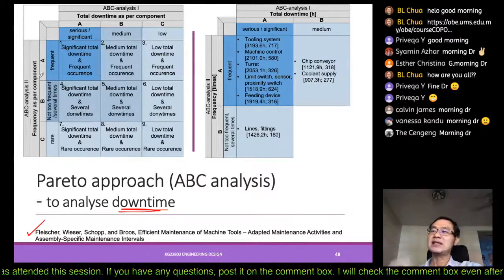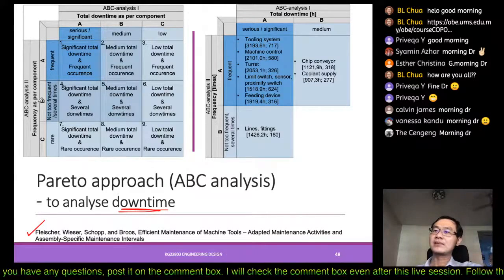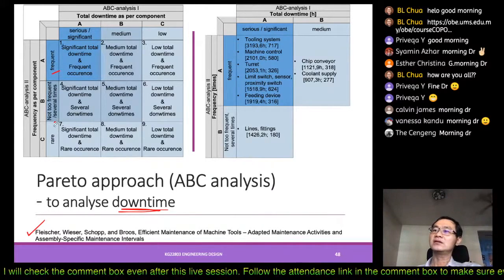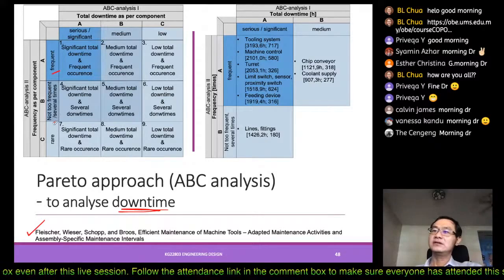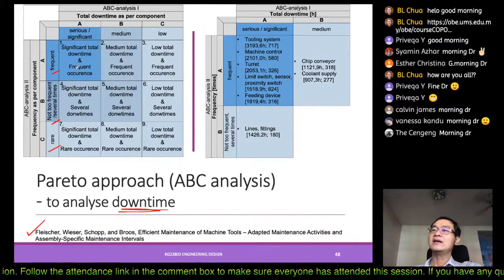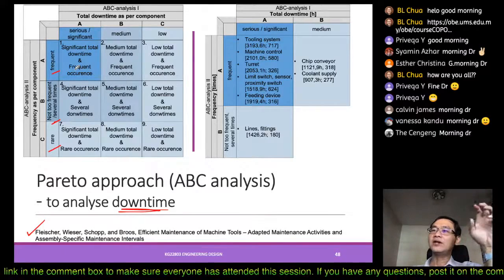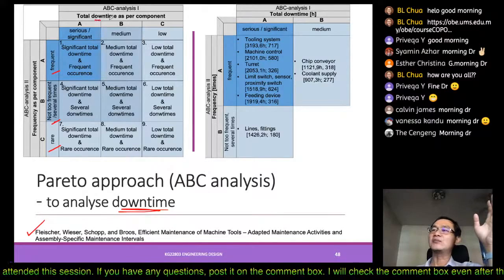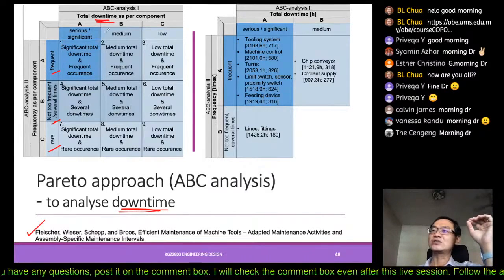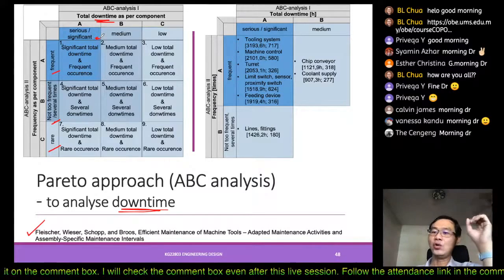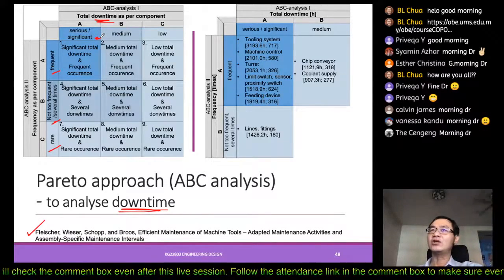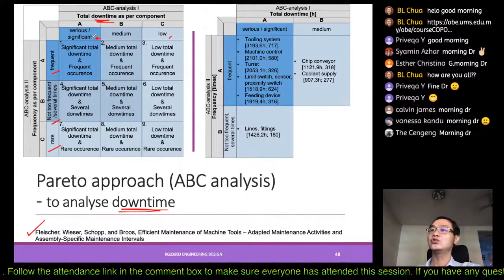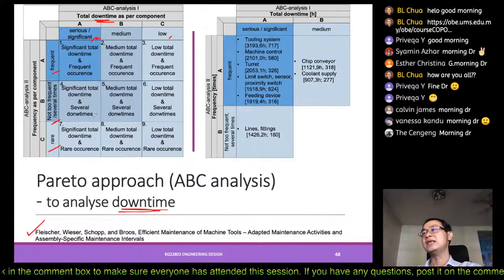So you can see in the ABC analysis whether the fault frequency per component is frequent or not, from frequent to rare, and the significance of the total downtime, whether it seriously affects the whole system or the operations of your factories or industries or not, from low to high. So this is the ABC part.